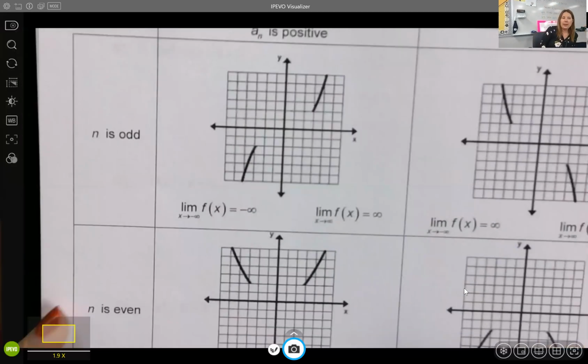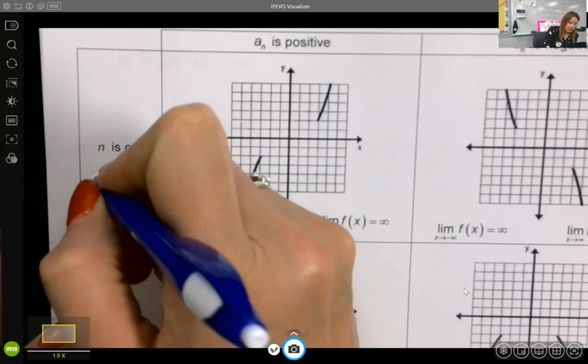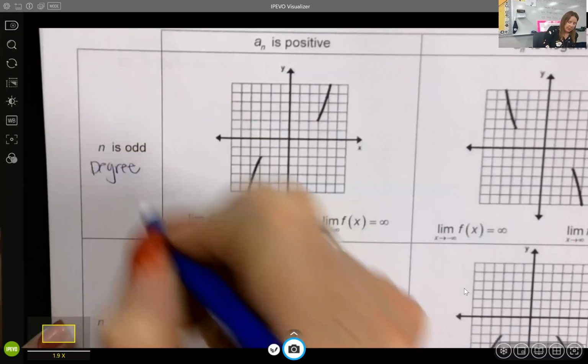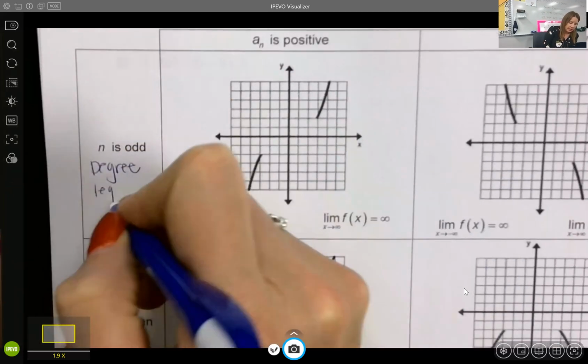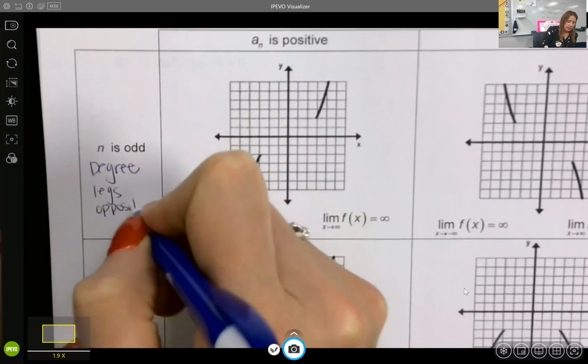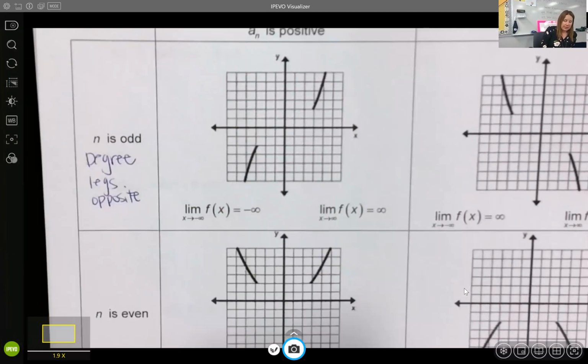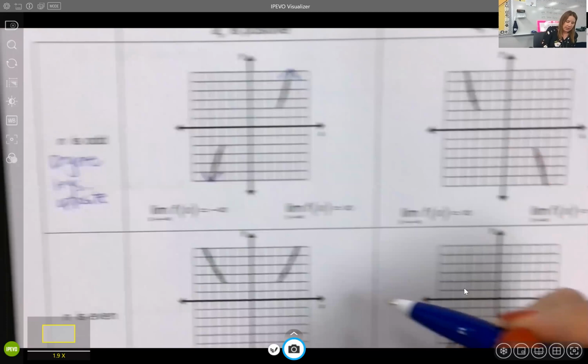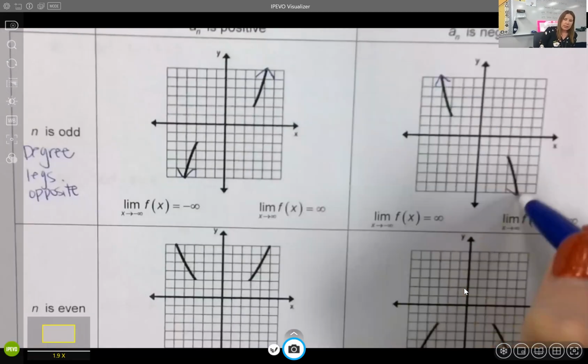We talked about the power or the degree. If the degree is odd, then that means the legs go in opposite directions. So the left is down on this one and then it will be up here, or vice versa, the left is up and the other one is down.